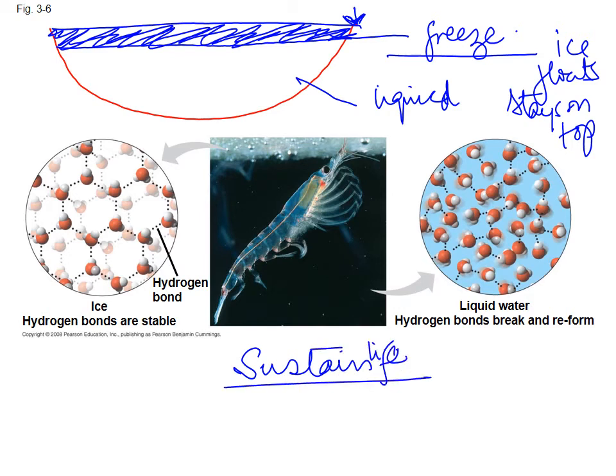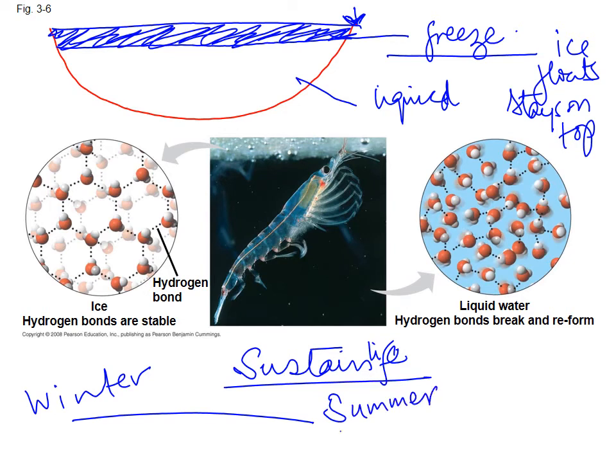Otherwise, come winter, if everything is frozen, and then come summer or spring, if everything is frozen, that's why they died, there is no other life for the next season. This cannot be. This doesn't happen. So the property of ice floating on water, because of lower density, because of the ordered structure of the hydrogen bonds, gives life a chance to live.